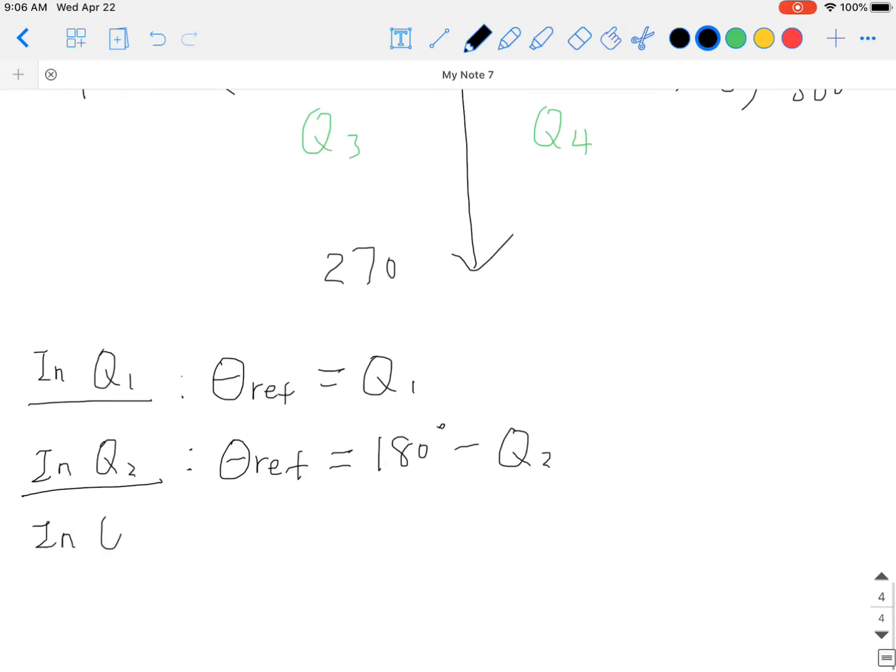If it is in Q3, then the formula for the reference angle is whatever the angle in Q3 is minus 180 degrees.